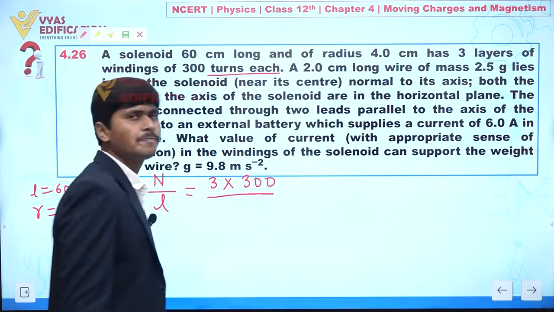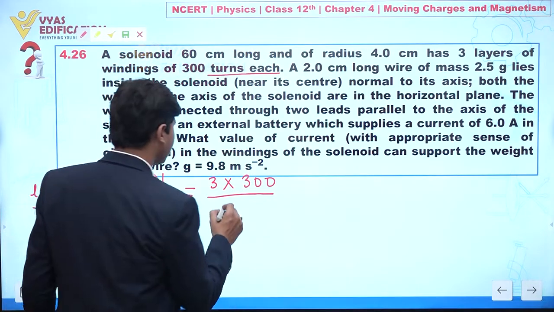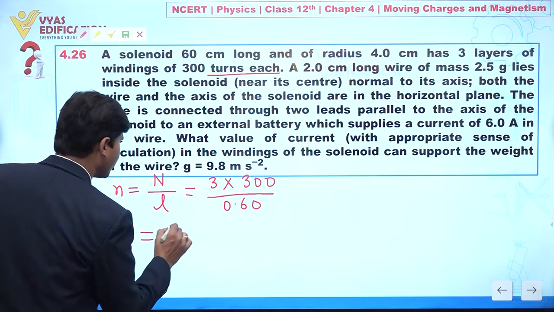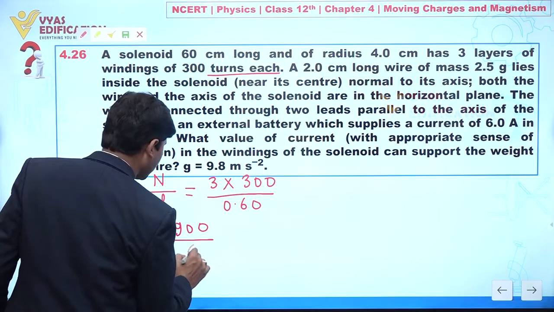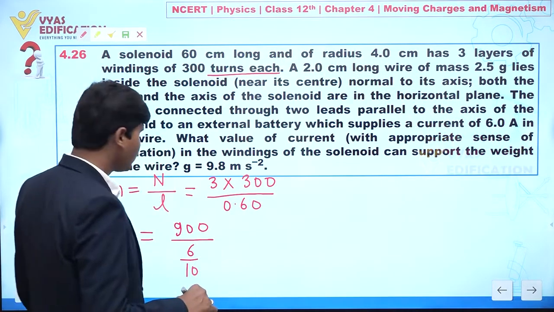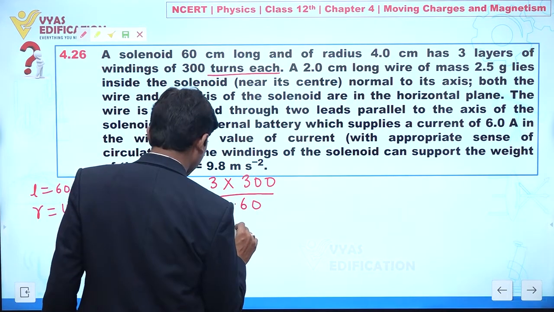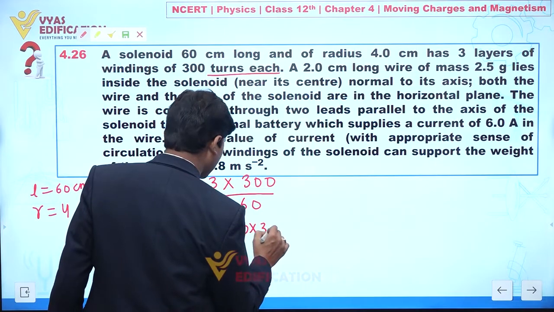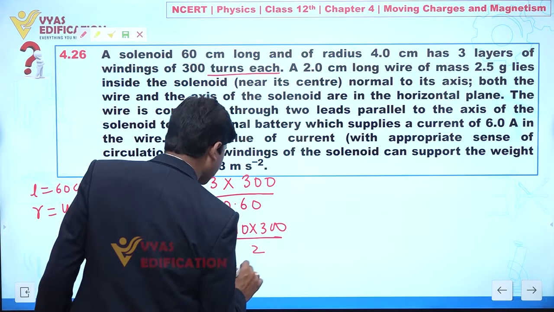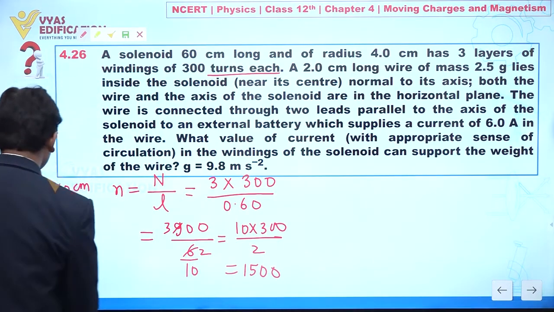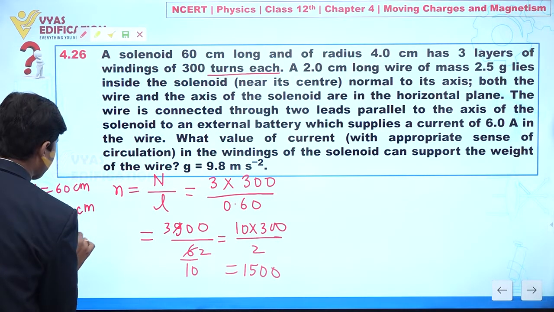We have to divide by the length of this solenoid, which is 0.60. So we can write 900 divided by 6 by 10, which gives 10 into 300 divided by 2. So the number of turns per unit length is 1500. So small n value we can take as 1500.